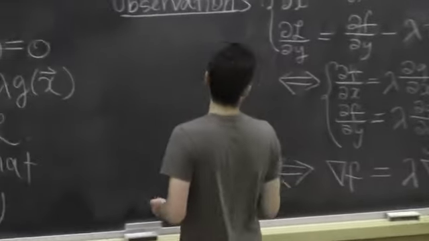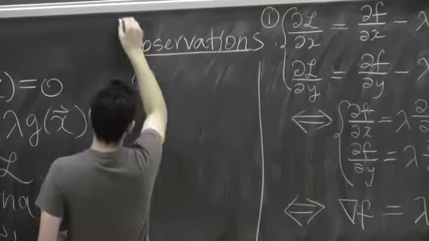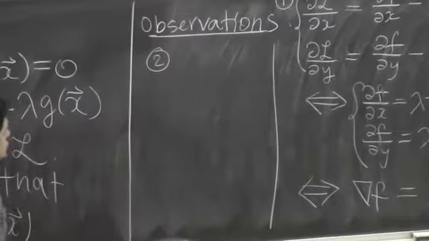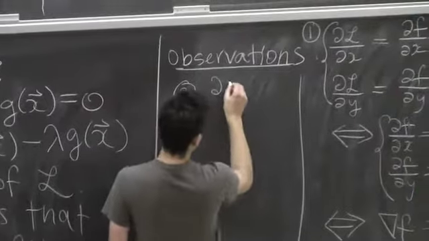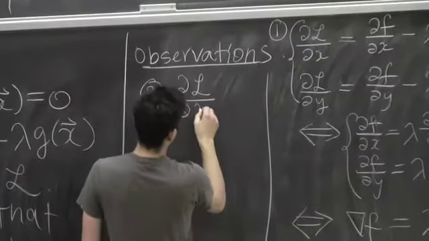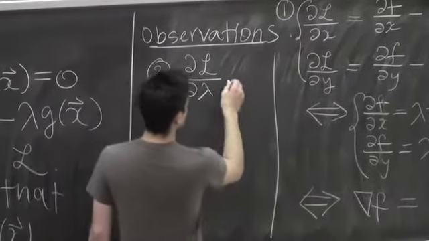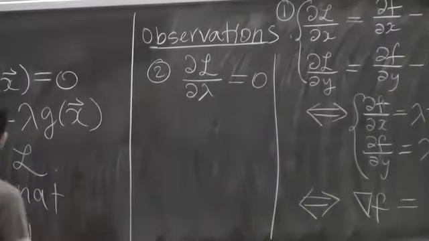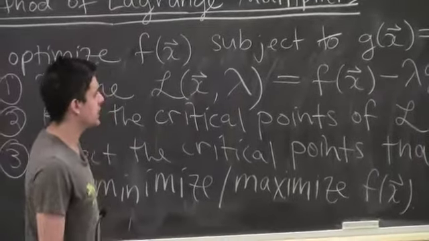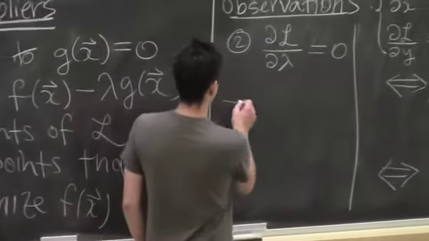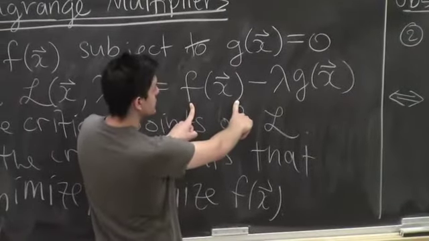Observation 2 is that when we say that the derivative of this guy with respect to lambda is 0, right? When we take the derivative of this Lagrange function with respect to lambda, we get the following thing. There's no lambdas in here, so that all goes to 0.